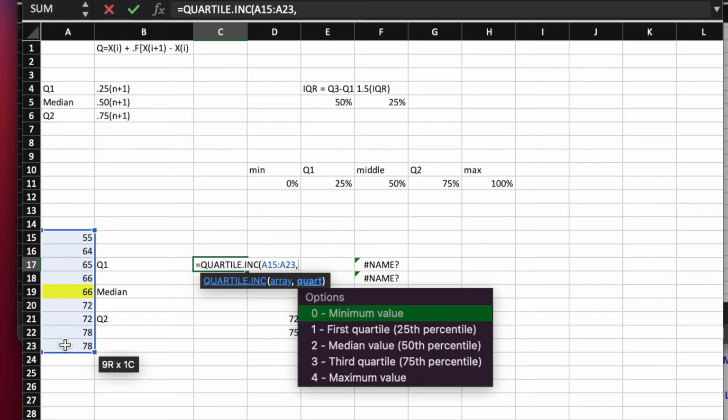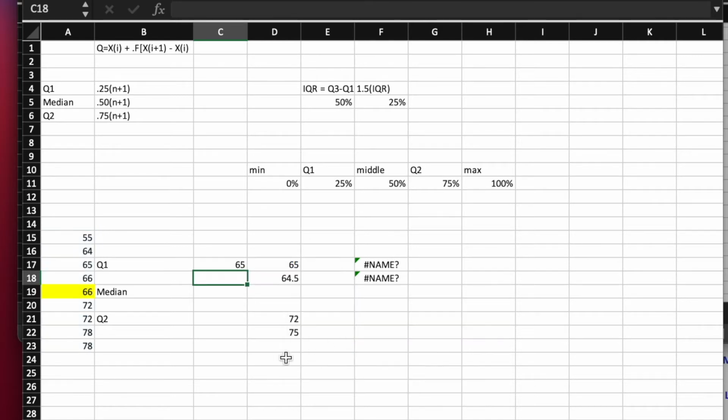So if we do quartile include and we choose the first quartile, 1, so we enter 1, enter, we get 65. It's exactly how we would have done it just by looking at it, right? Same thing, we're going to do it again.